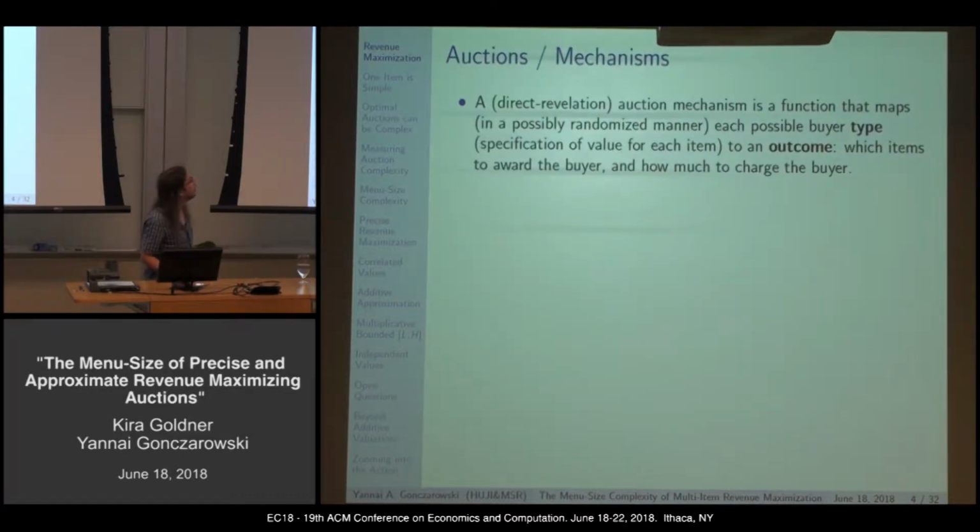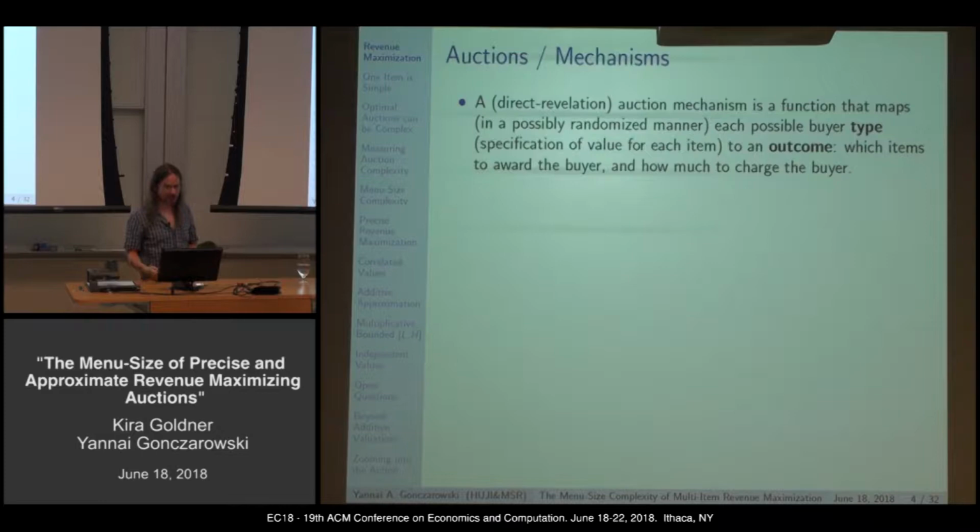So a direct revelation auction mechanism, which I'm going to call an auction or a mechanism later, depending on how many characters I had to fit into that line on the slides, is a function that maps, possibly in a randomized manner, each possible buyer type. Buyer type is the valuations for all of the items. So one buyer type could be $2 for this, $3 for this.